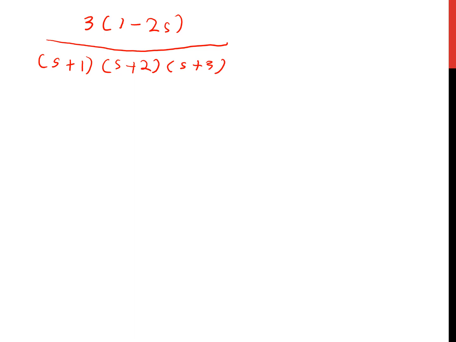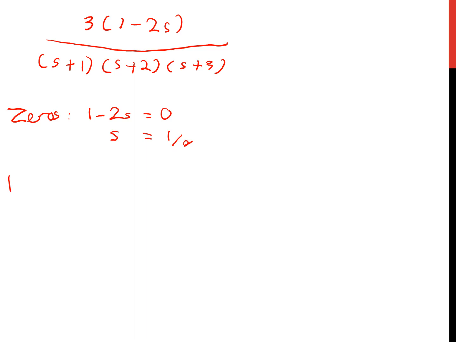In this case, for the zeros, you have 1 minus 2s equal to 0, so your s will become 1 over 2.